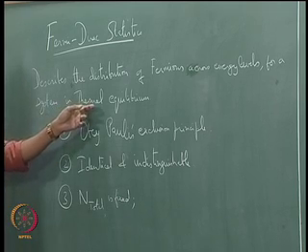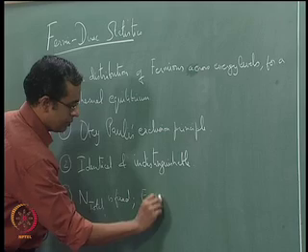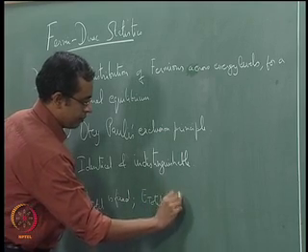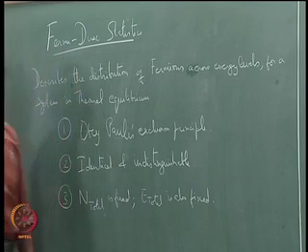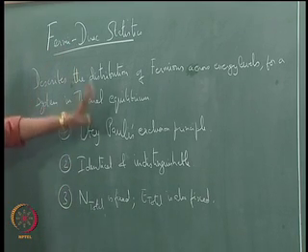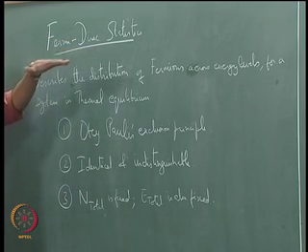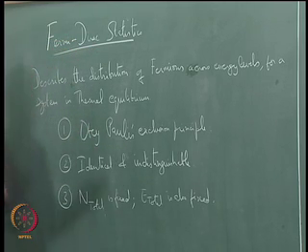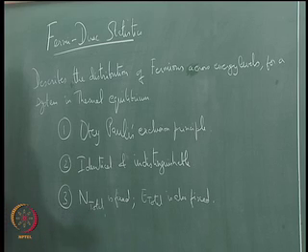It is in thermal equilibrium, therefore the total energy of the system, E total, is also fixed. So n total is fixed, E total is fixed. This is the framework within which this Fermi-Dirac statistics is used to describe the distribution of particles.